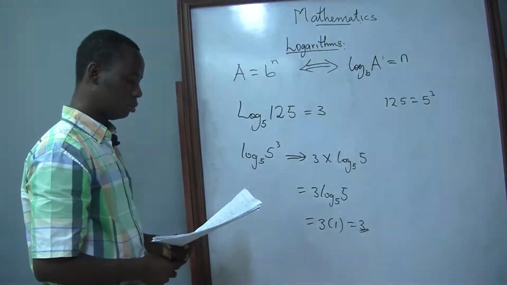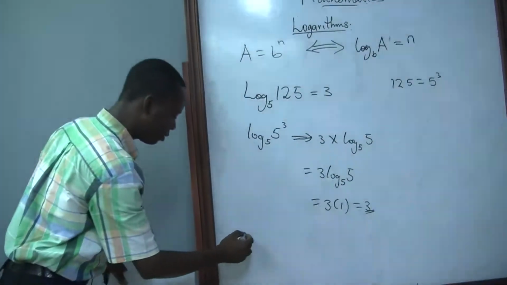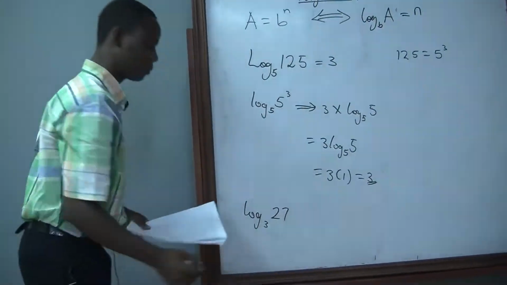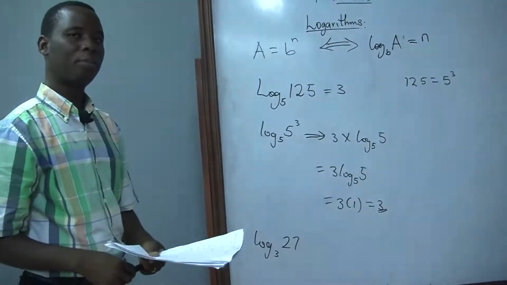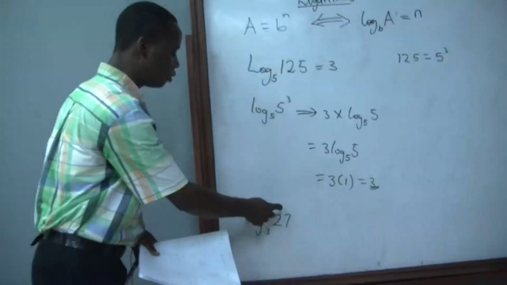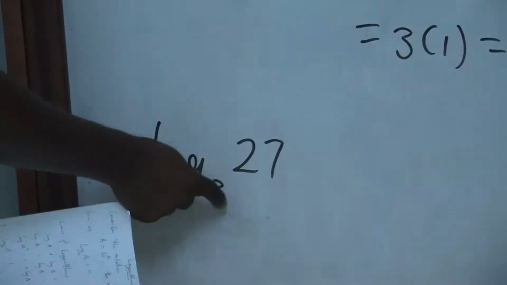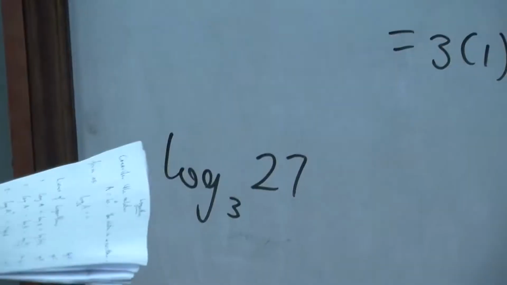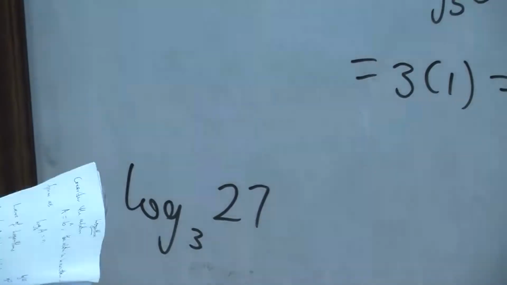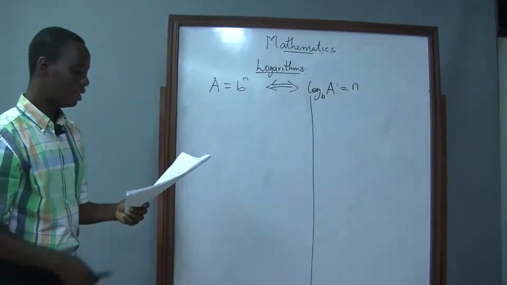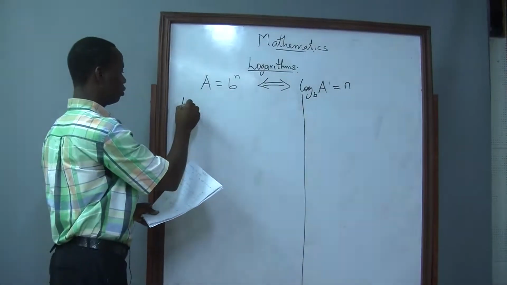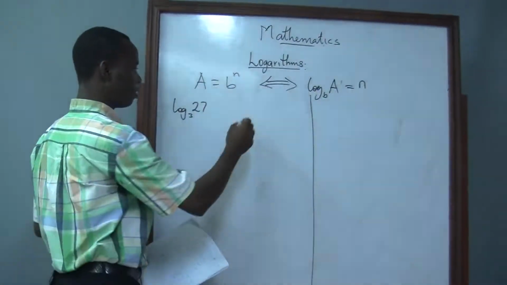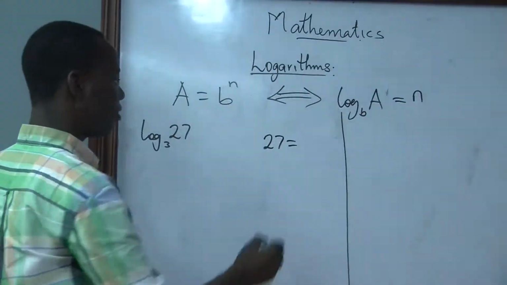For the next example, if we have log 27 in base 3, how are we to express 27 as a number with base 3?